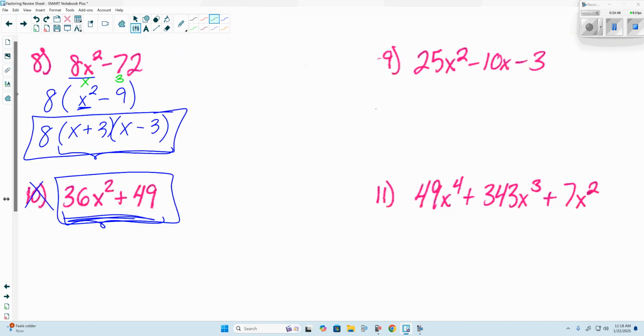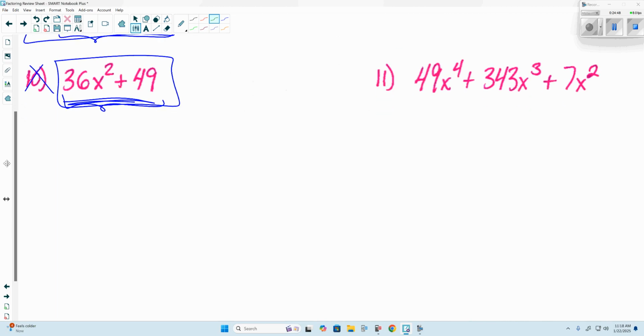not quite, because for 11, there is a greatest common factor of 7. So 49, 343, and 7 do have a common factor of 7. And they also have a greatest common factor of x squared. If we factor 7 out of 49, we're left with 7.